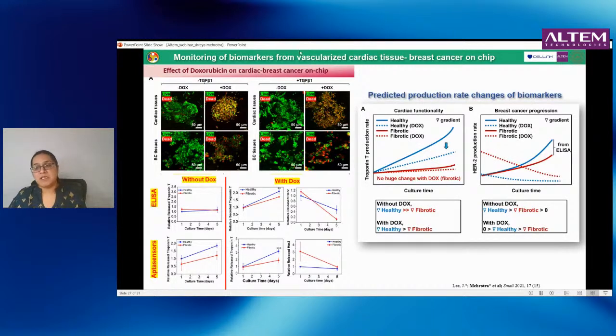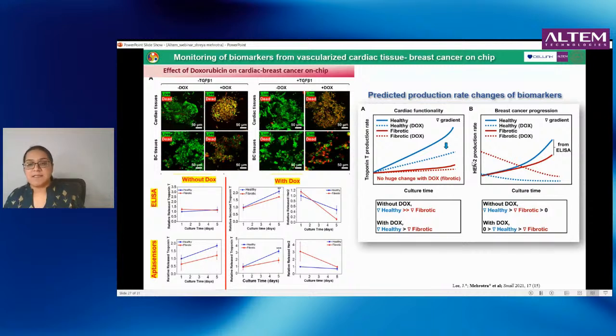So we predicted these outcomes, and we found, as I said, that using our sensing system and the on-chip platforms that we developed, using a 3D bioprinted vascularized cardiac tissue as well as the multiplex aptamer-based sensing system, when we couple them together, we could catch a difference in the biomarker concentration in fibrotic patients, which is not easy to catch with the presently used sensing systems.